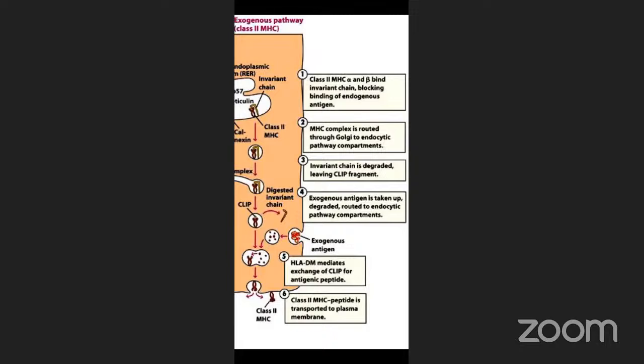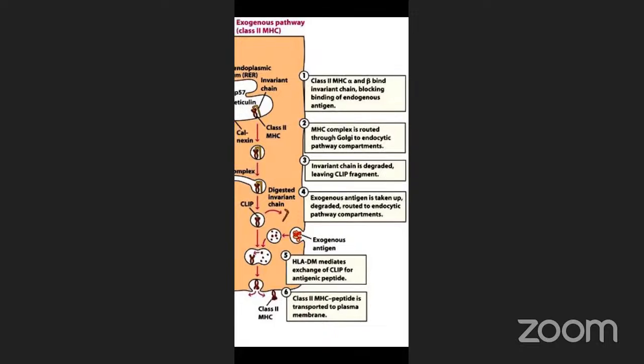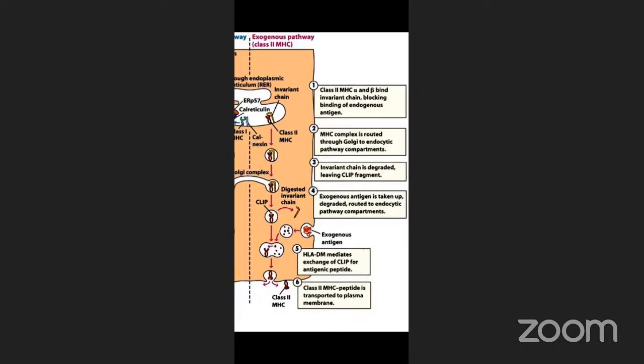For your understanding, once again I am telling you that class 2 MHC alpha and beta bind the invariant chain, blocking the binding of endogenous antigen. The MHC complex is routed through the Golgi to the endosome. That is simple. It is packed and transported into the Golgi complex.